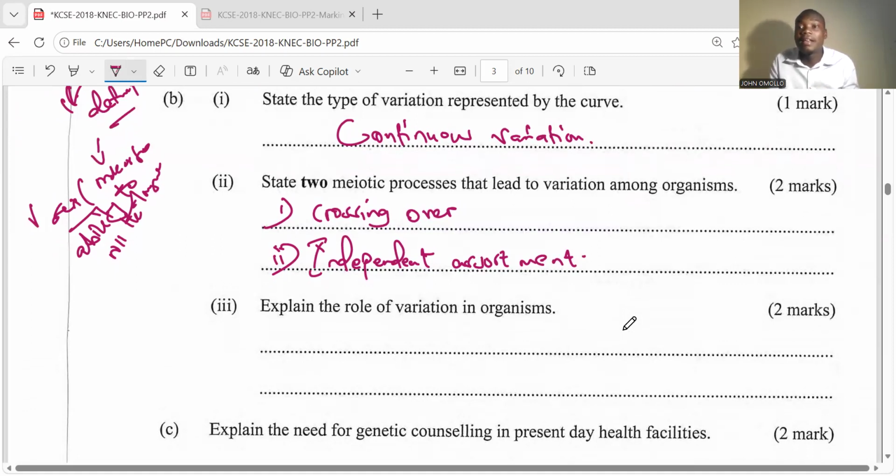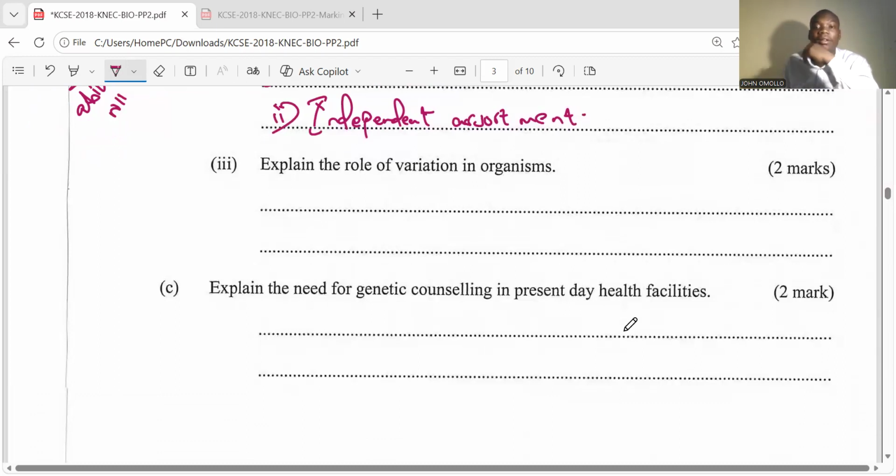Nobody is telling them, you need now to pair with this one. You need now to pair with this one. When that happens, there is a variation. There must be a difference. Are you getting that? So those are the two meiotic processes that lead to variation. Now they happen within meiosis 1 and prophase 1. Not each, but different.